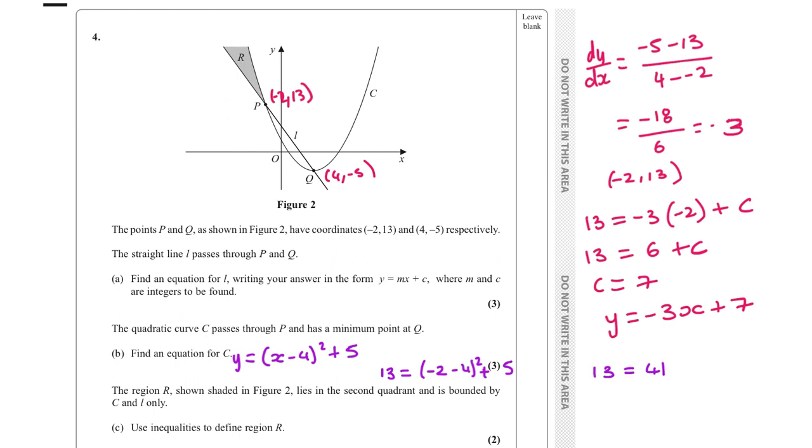Okay, that doesn't seem right, does it? No. So we know there's clearly something wrong. Okay, so 13 equals 41 is not correct. However, 41 divided by what is 13?